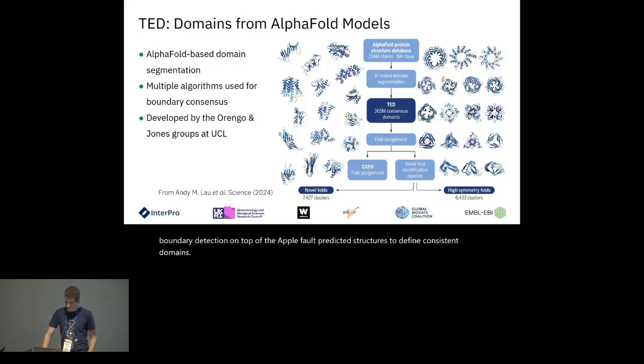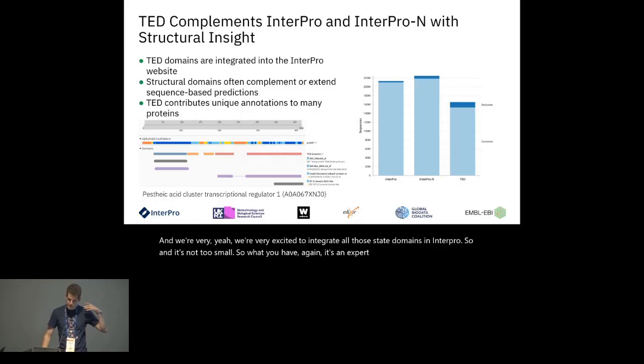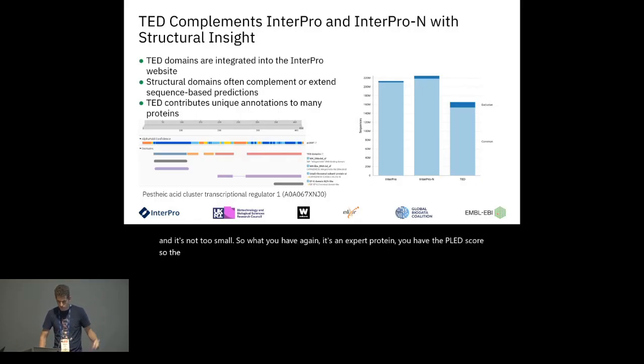And we're very excited to integrate all those TED domains in InterPro. So again, here is an example of a protein. You have the pLDDT score, the per-residue confidence score from AlphaFold, and just below you have the TED domains, predicted from the AlphaFold prediction by TED.